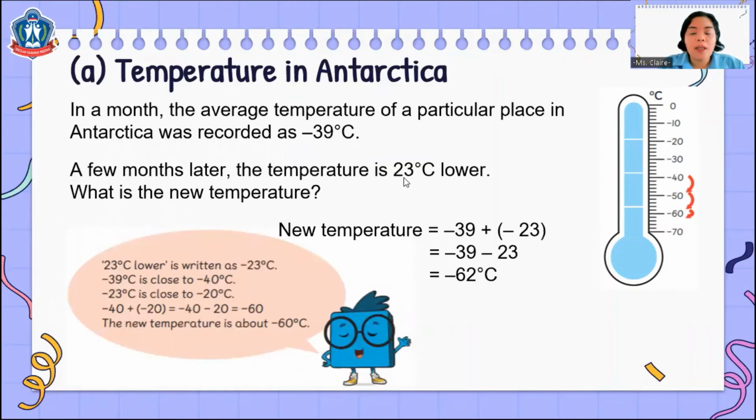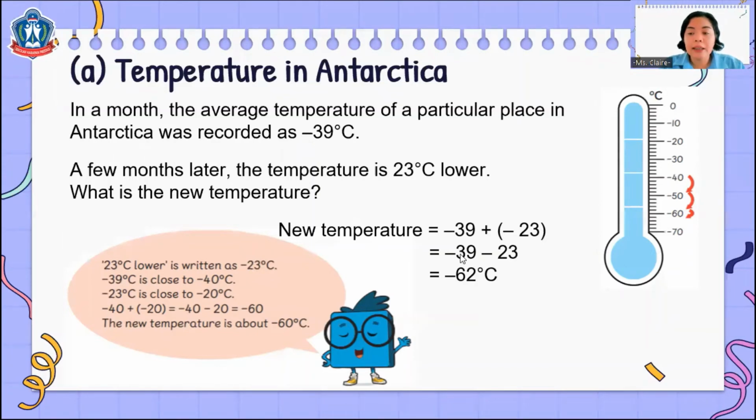When we say 23 degrees Celsius lower, it is written as negative 23 degrees Celsius. So the new temperature is negative 39 plus negative 23, or we can say negative 39 minus 23, because the temperature goes down. So negative 39 minus 23 is equal to negative 62 degrees Celsius.